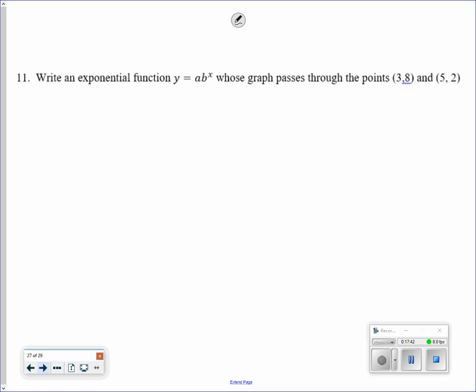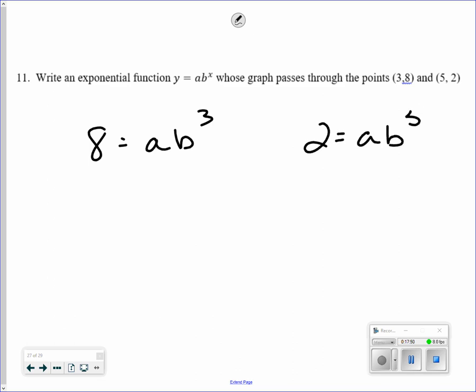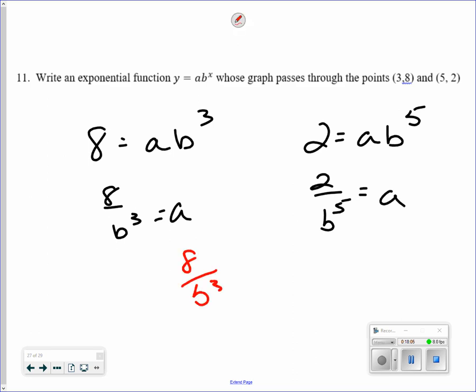Writing an exponential function, you are given an x and a y, and then you're given another y and an x. Solve both of them for a. A is equal to 8 over b cubed. A is equal to 2 over b to the 5th, which means these two must now be equal.